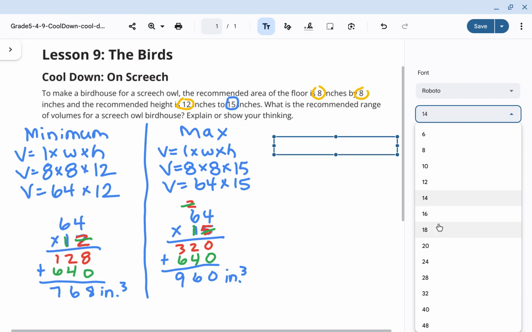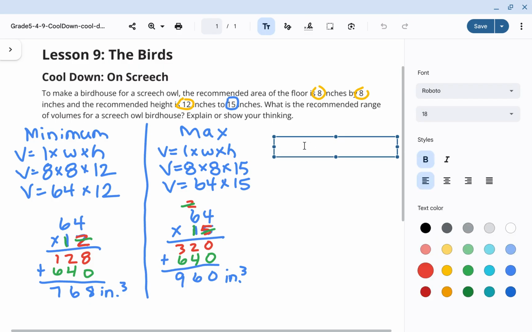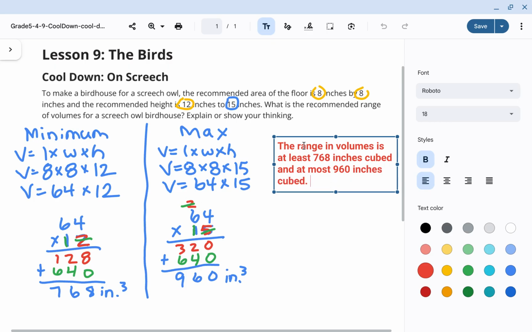So I'm going to go ahead and type that out here, okay? So we're going to say the range in volumes is at least 768 inches cubed and at most 960 inches cubed.